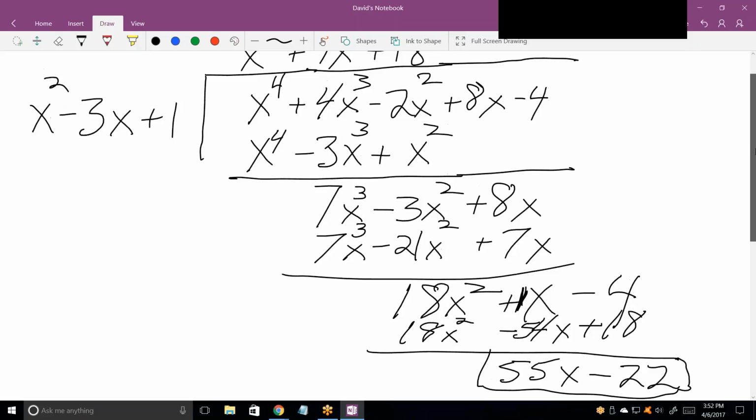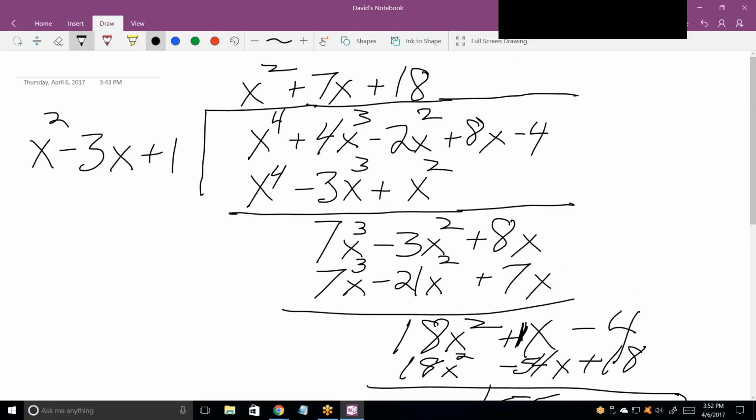It's 55x minus 22 divided by your divisor, which is x squared minus 3x plus 1. And this whole thing, since it's a plus, has a plus in front of it. This is your answer.